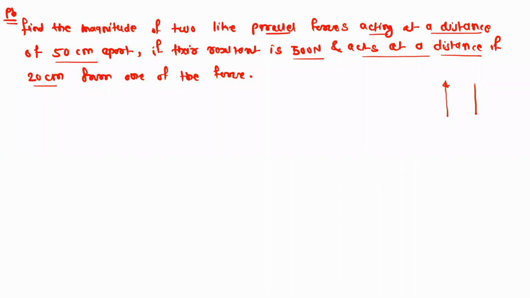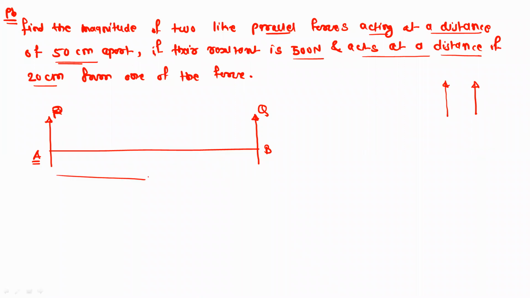Okay, so suppose we have two forces which are like parallel forces acting on the line AB. Suppose first force is P, acts at point A, and second force is Q, it acts at point B. As per the given problem, the distance between the two forces is 50 centimeter.